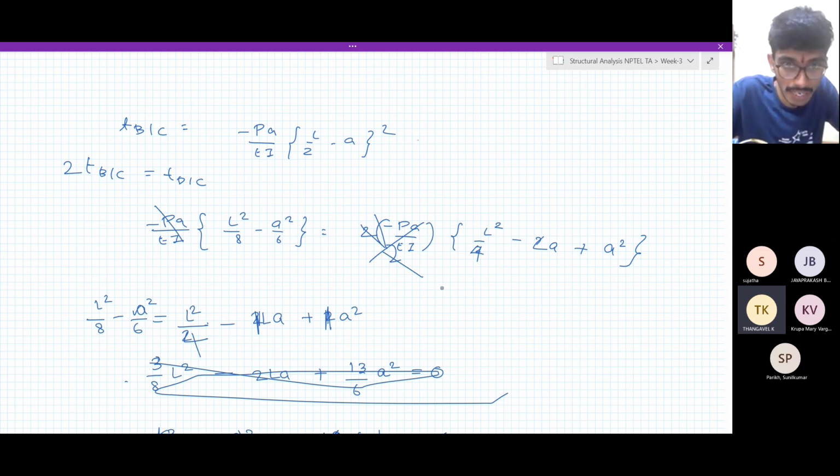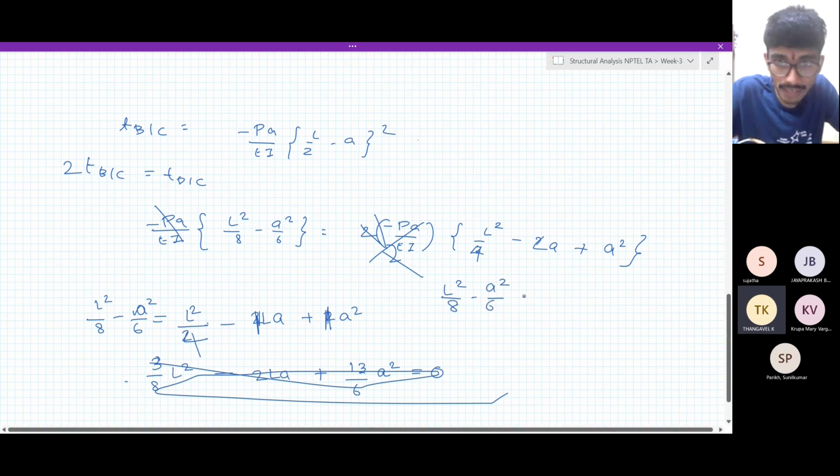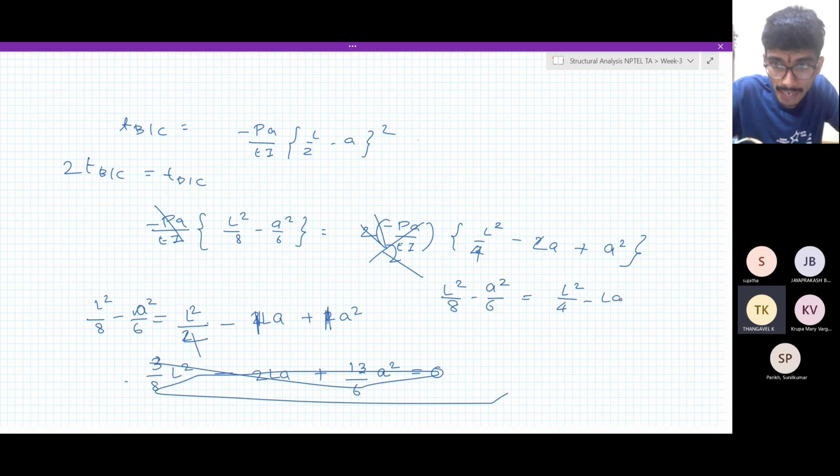So the correct, so we get L square by 8 minus A square by 6 is equal to L square by 4 minus LA plus A square. So the correct equation is L square by 4 minus LA plus 7 by 6 A square is equal to 0.